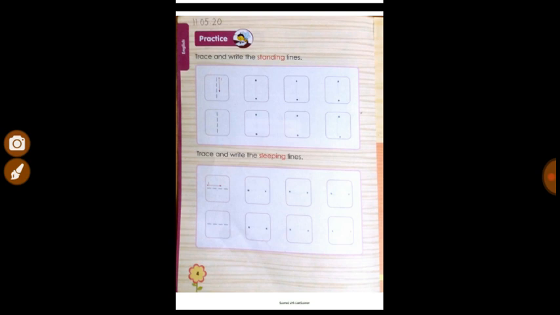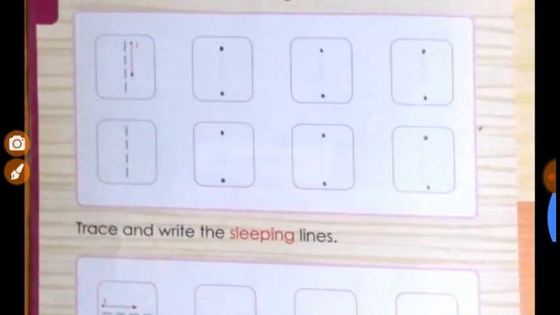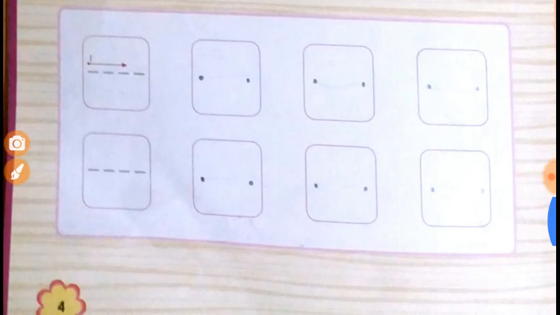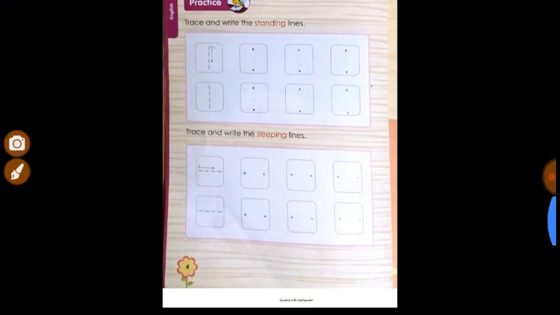And please have a close look at how I put the dots in standing and sleeping lines both. The line should be in the square and not touch any side of the square. It should be in the center only. So only these 3 pages you have to do in your Book 1.